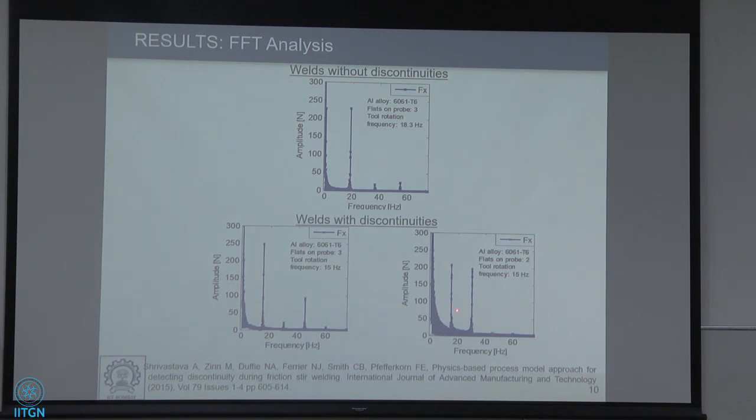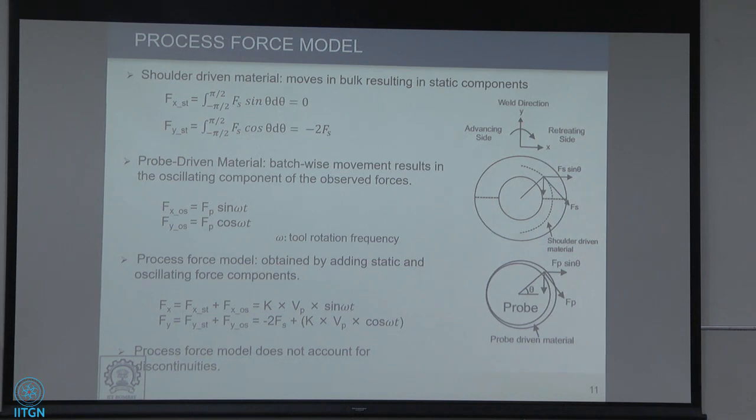Same thing here, we could see a relatively larger peak at 3 times the frequency, and 3 corresponds to the number of flats on the tool probe. So these observations were built into the initial model.